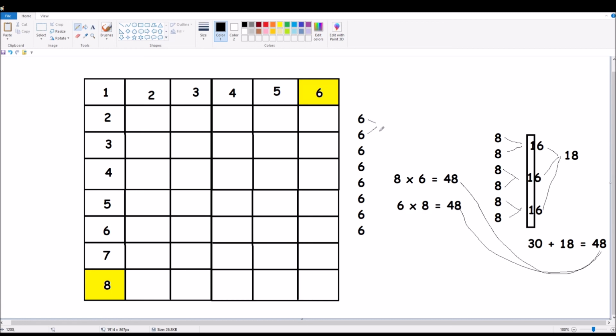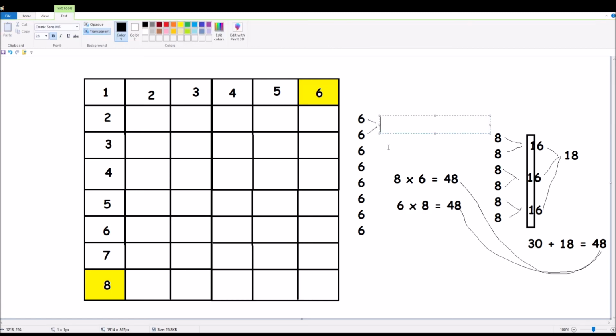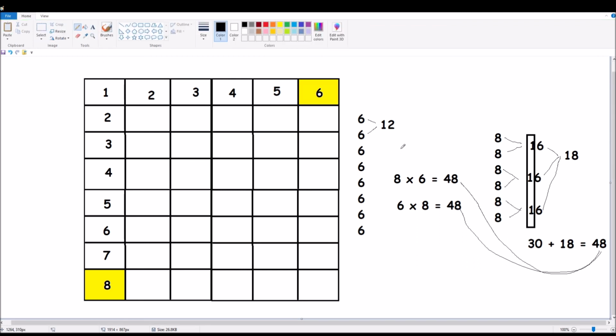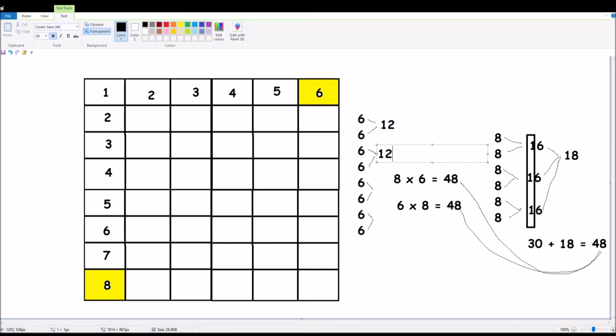6 plus 6 is 12. We'll put that out here, 12. And then that means that the next two 6s are 12. So we'll go out there and we'll put another line, and another line, and another line, and another line. And we'll put our 12s out there for each one of our sets of 6s.